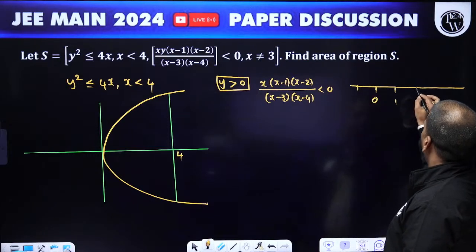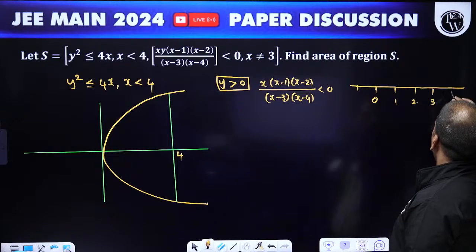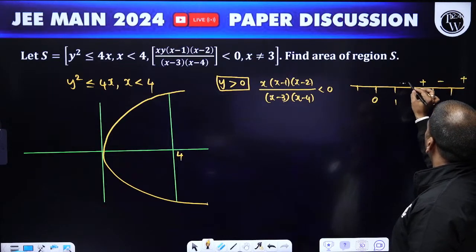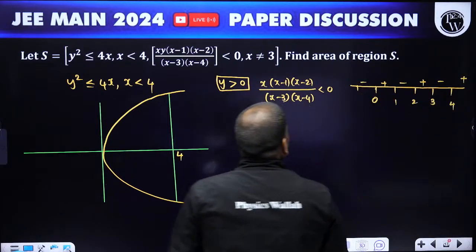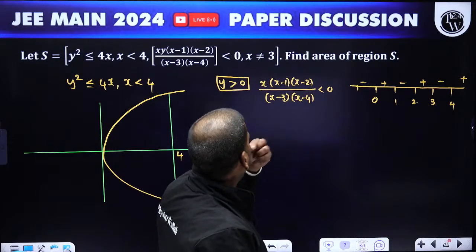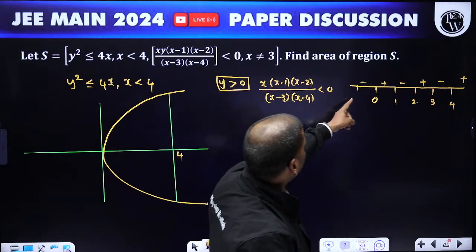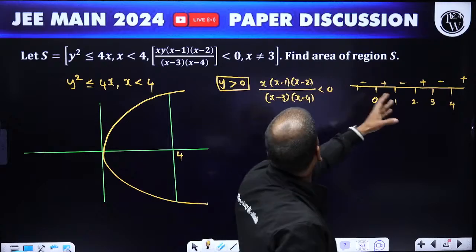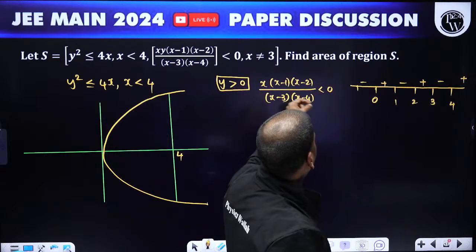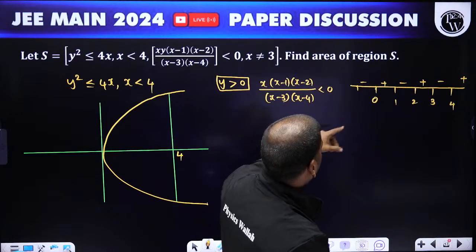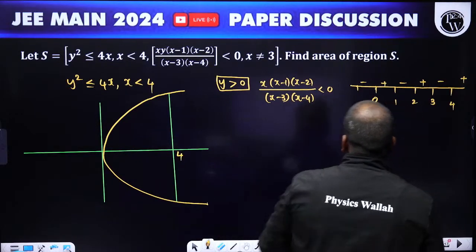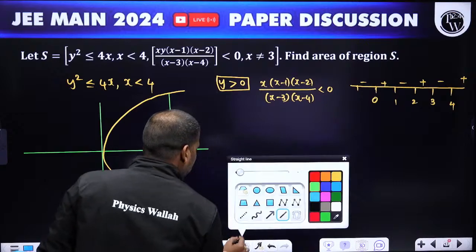On the number line 0, 1, 2, 3, 4, the signs go plus, minus, plus, minus, plus. We want less than 0, so the intervals are 1 to 2 and 3 to 4, working for y greater than 0 and x greater than 0.